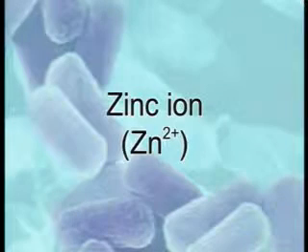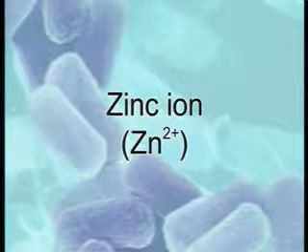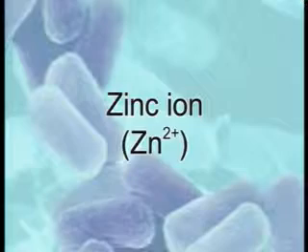Micronutrients are normally a part of enzymes and cofactors, and they aid in the catalysis of reactions and maintenance of protein structure. For example, zinc ion is present at the active site of some enzymes but can also be involved in the association of regulatory and catalytic subunits.